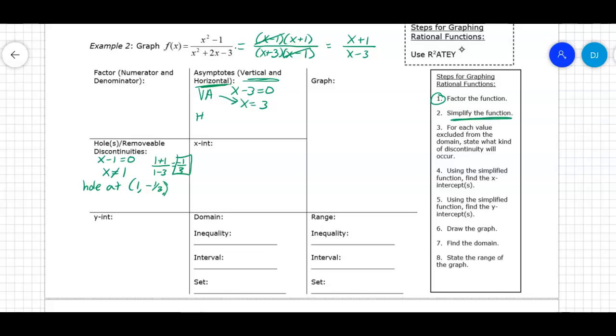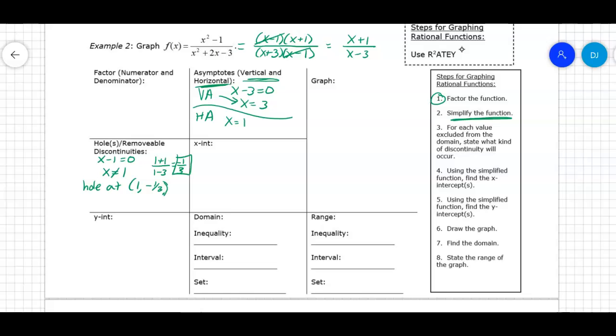Now for the horizontal asymptote, I'm actually going to look at the leading coefficient, or the degrees of the x value, and when I look at that, we're going to end up having 1. So our horizontal asymptote is just going to end up being 1, and I'm going to explain more about that.